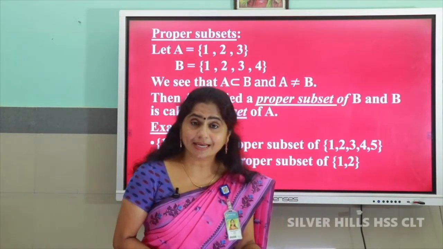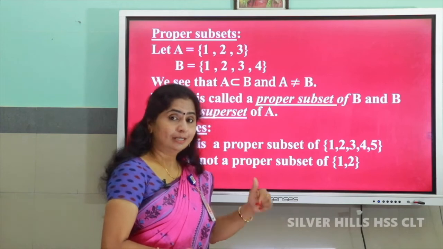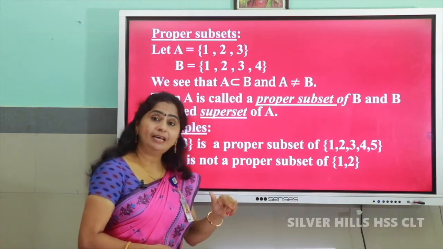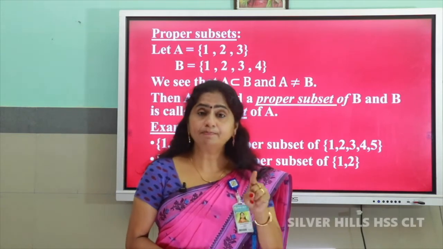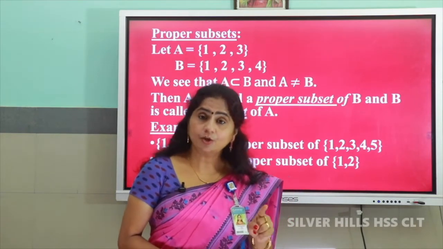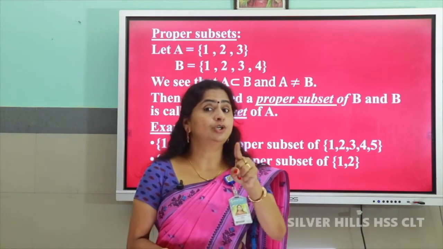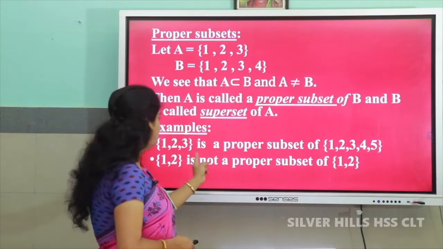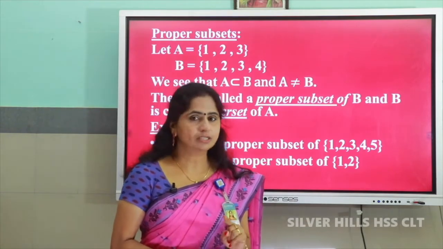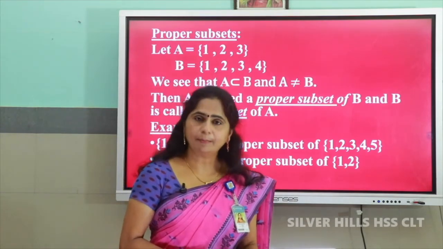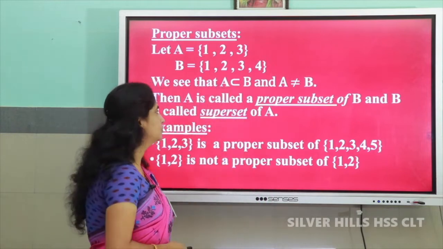Why do we say that? Because a proper subset should not be equal. If A is a proper subset of B, as per the definition, A should be a subset of B but A should not be equal to B. Here the set {1, 2} is equal to the set {1, 2}. So, we say that the set {1, 2} is not a proper subset of the set {1, 2}.